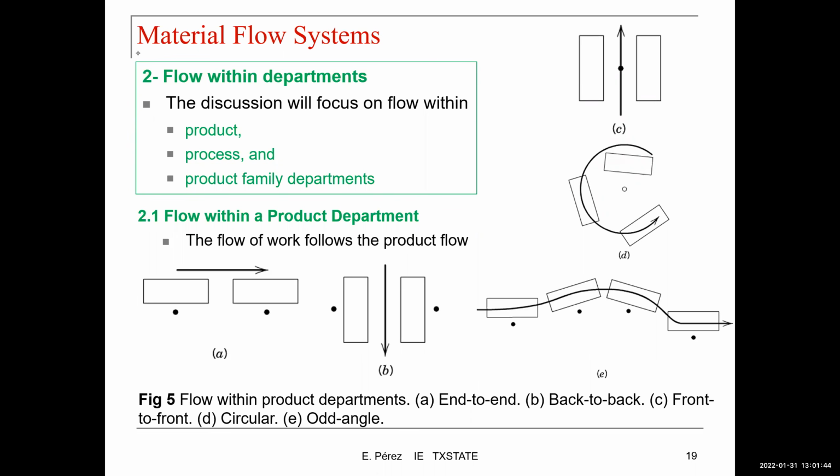An odd angle basically means that you might have a column in the middle and you need to move the stations at this odd angle because something physical is there that cannot be moved. So that's the whole idea. Again, flow within the product department. These are some examples.